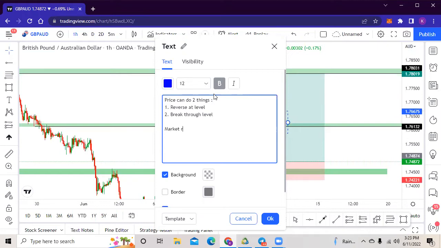Market reverses at fresh/untested levels. If price breaks through level, just wait for retest of that level and take the trade.